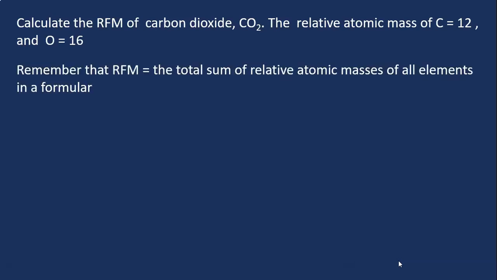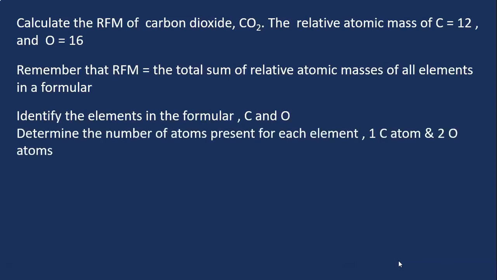Remember that the relative formula mass is equal to the total sum of the relative atomic masses of all the elements in a formula. Identify the elements in the formula: we've got the carbon element and the oxygen element. Second, determine the number of atoms present for each element. We have 1 carbon atom and 2 oxygen atoms in carbon dioxide.